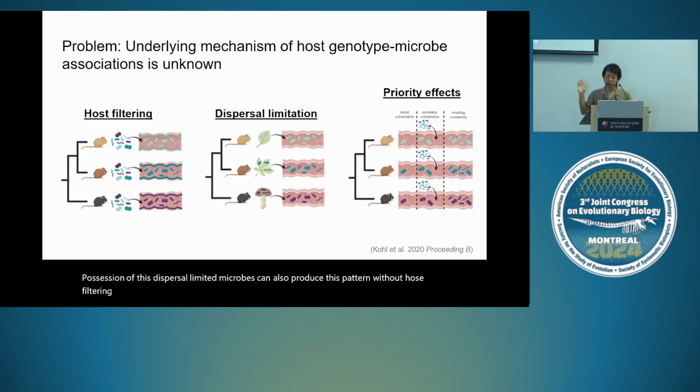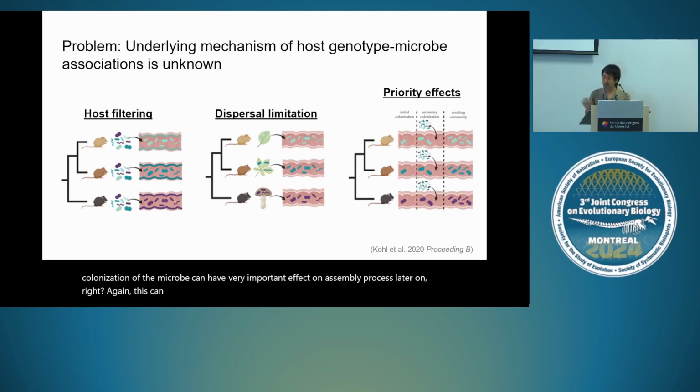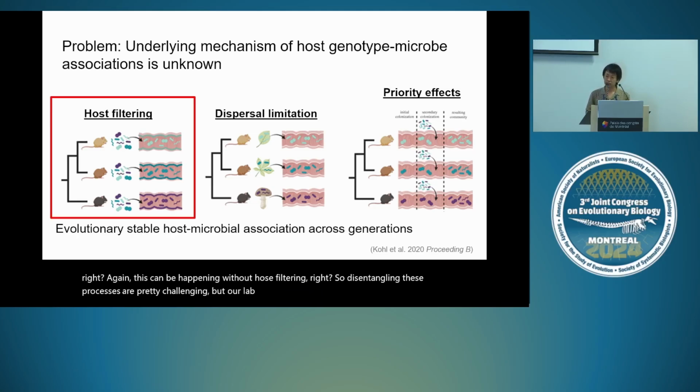And similar for priority effects, or you can think of it as a maternal effect, where the initial colonization of the microbe can have a very important effect on the assembly process later on, right? Again, this can be happening without host filtering. So disentangling these processes is pretty challenging, but our lab is particularly interested in demonstrating host filtering because this can lead to evolutionarily stable host-microbial associations across many generations.